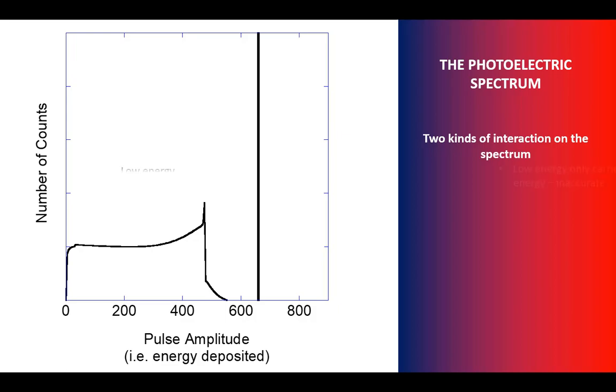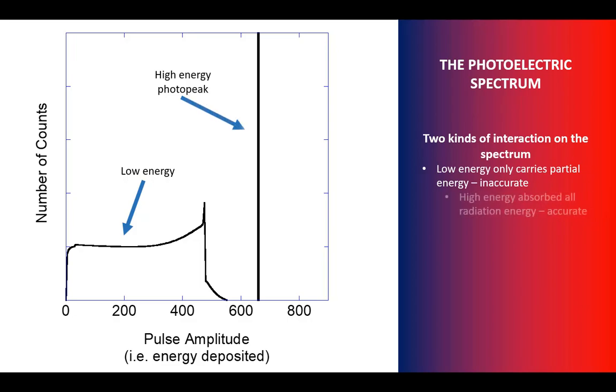On the lower energy, left side of the spectrum, are the partial detections. These detections are not fully accurate since they don't represent the full energy of the radiation. The peak on the higher energy, right side of the spectrum, is called the photopeak. This peak represents the full energy of the radioactive source.